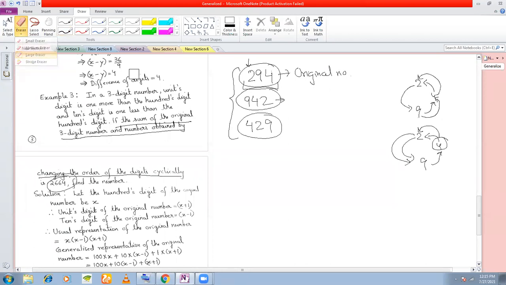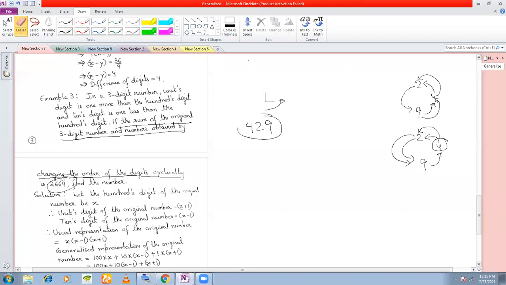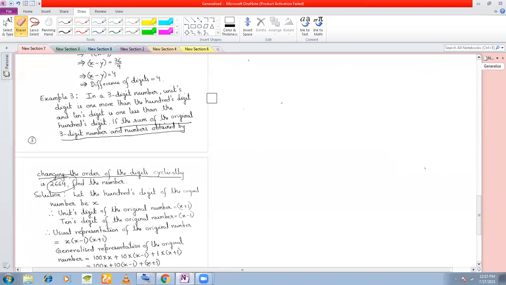So suppose I take the 3-digit number as XYZ. Can you tell me what should be the next cyclic order? What should be the next number? Yes? 249.